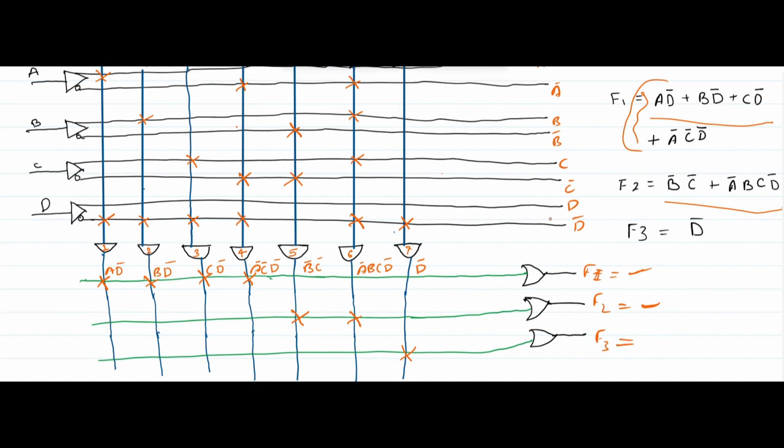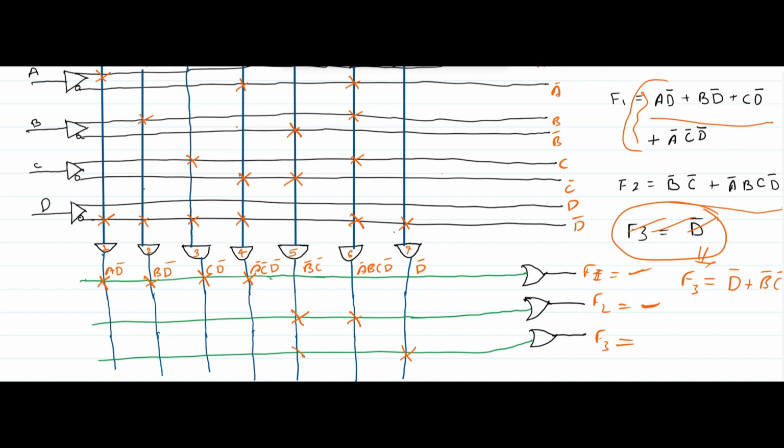Now remember one thing here, since all the AND terms are different, we are taking only one cross. But suppose I got f3, and I am changing the example, suppose I got f3 as d bar plus b bar c bar. In that case you have to use f3 as d bar plus b bar c bar, right?